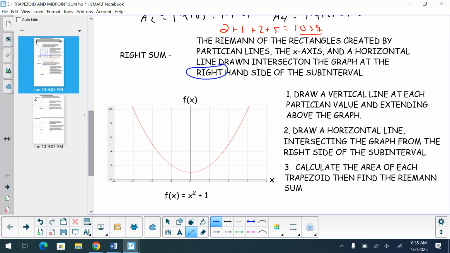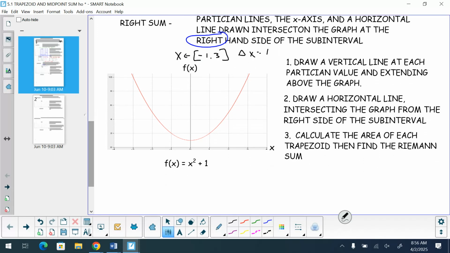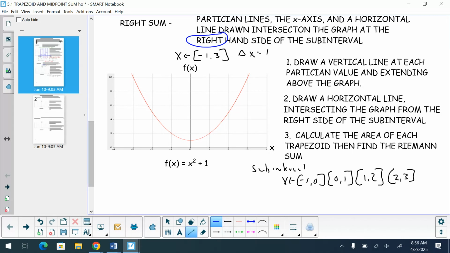Once again, we are doing the exact same thing: -1 to 3, delta x is equal to 1. Our subintervals are still going to be the same: -1 to 0, 0 to 1, 1 to 2, and 2 to 3.